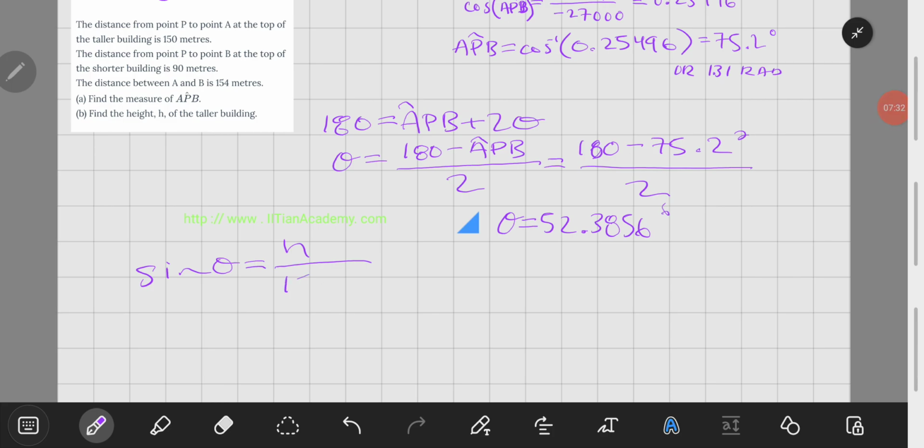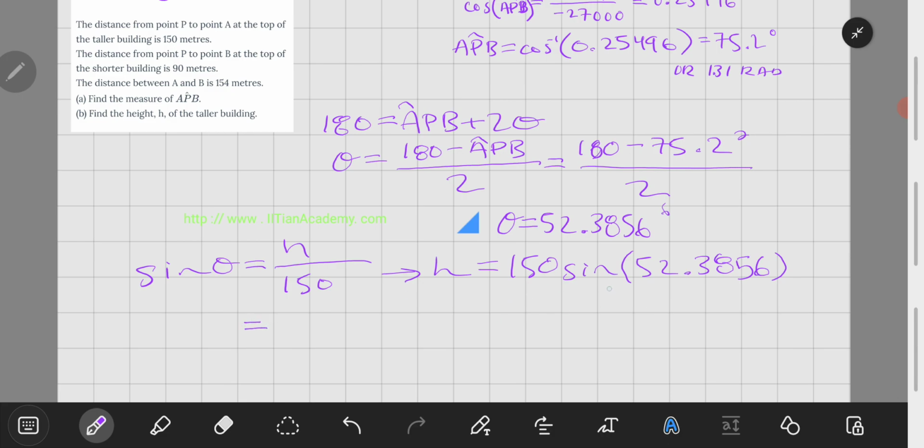Since we're solving for the height, of course, we would say that 150 times sine of our angle will give us the height, the value that we're searching for.